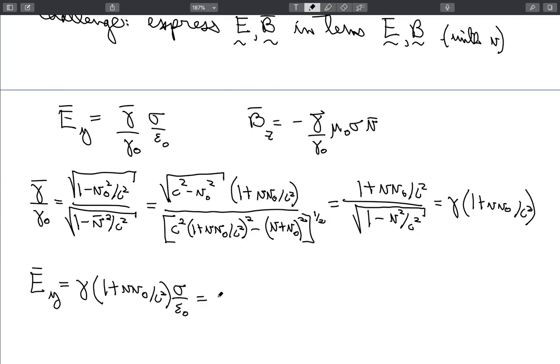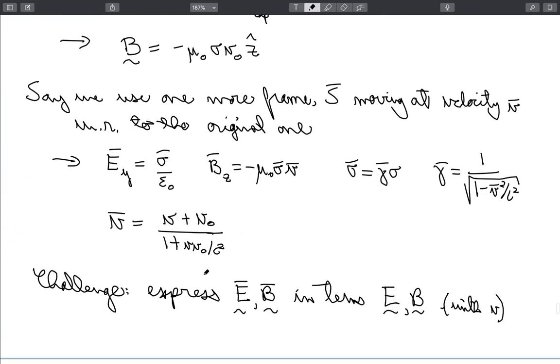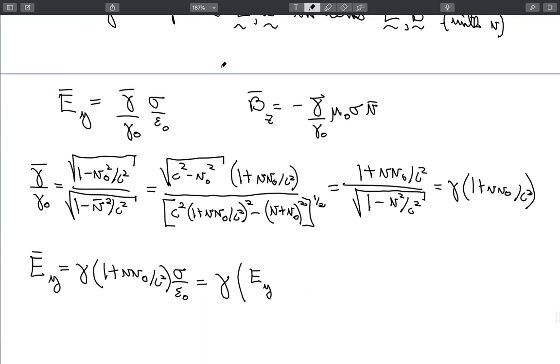This whole thing I can just have gamma, so sigma over epsilon 0 is just Ey. And now if I do v0 over c squared times sigma over epsilon 0, I'll just have v times the magnetic field over mu 0 with a leftover epsilon 0 at the bottom.